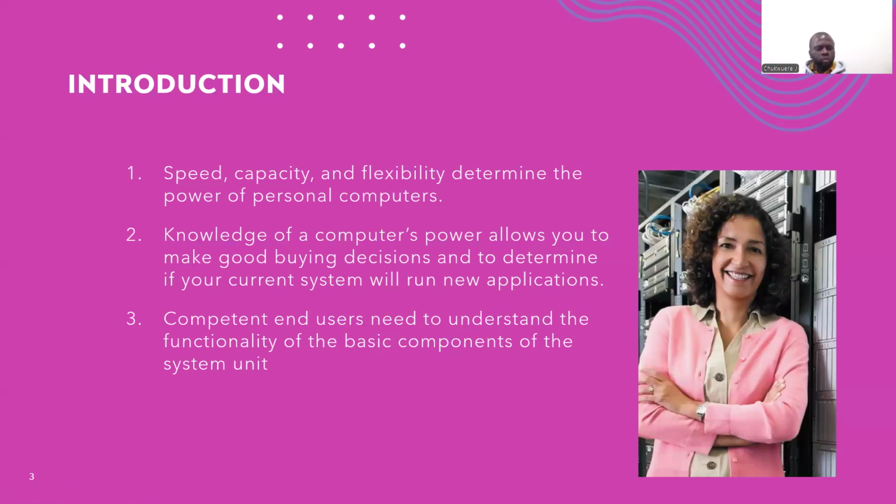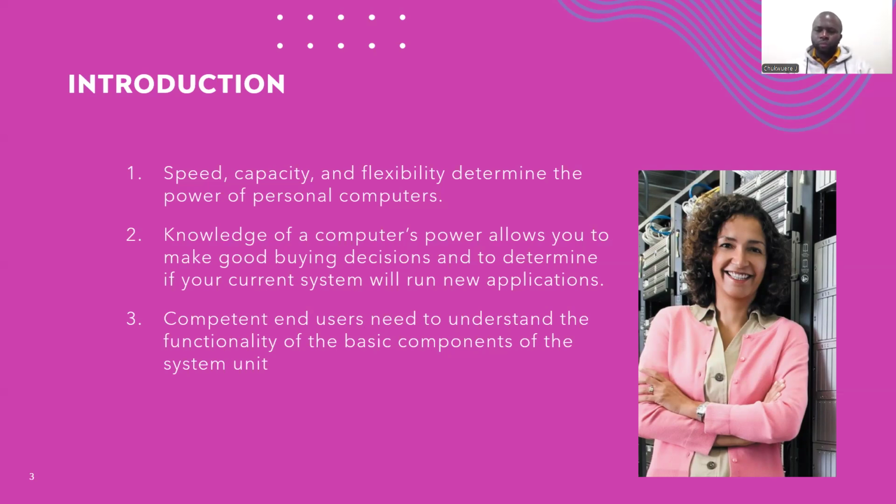Now, in the introduction, it says that the speed, capacity, and flexibility of a computer determine the personal computer, in a sense that every computer is measured by its speed, its capacity, and the flexibility of handling a lot of things and being able to adapt to different situations, different tasks, and so on and so forth.